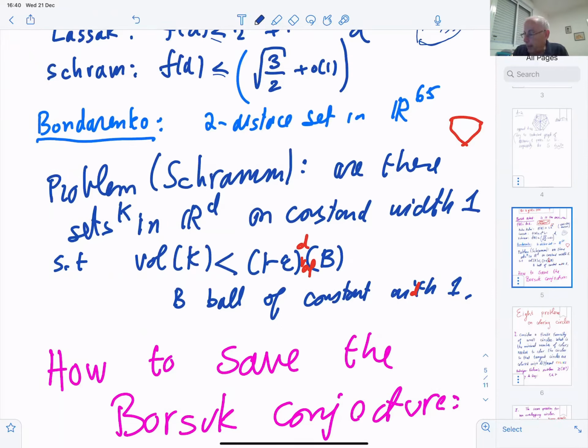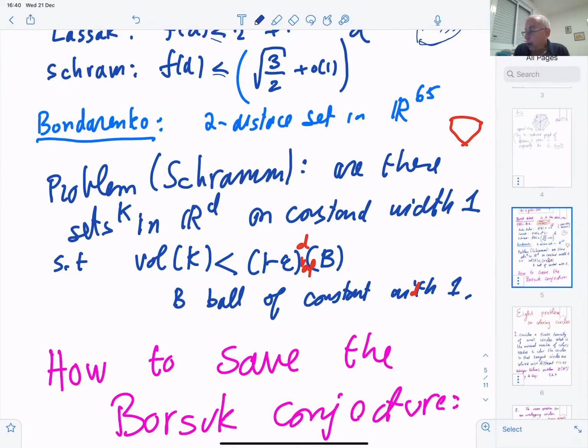Are there sets K in R^d of constant width 1 so that the volume of the set K is smaller than (1 minus epsilon) to the power d times the volume of the ball of constant width 1? So are there in existence sets of constant width 1 which have volume which is exponentially smaller than the volume of the ball? And this is not known.